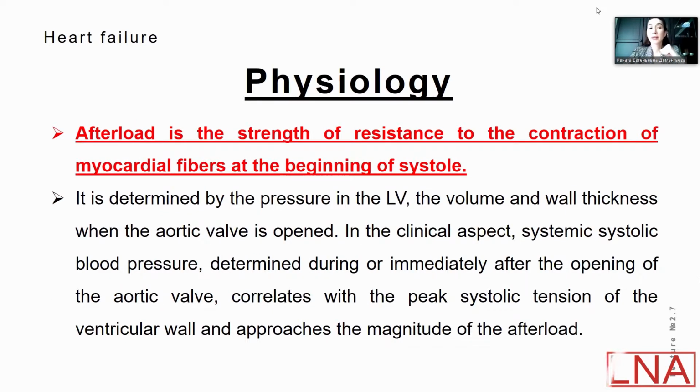Afterload for the heart is the resistance to contraction of the myocardium at the beginning of systole, and it's determined by the pressure in the left ventricle and the volume and wall thickness when the aortic valve opens, the moment cardiac output starts. Clinically, systemic systolic blood pressure measured during or immediately after opening of the aortic valve correlates with the peak systolic tension of the ventricular wall.